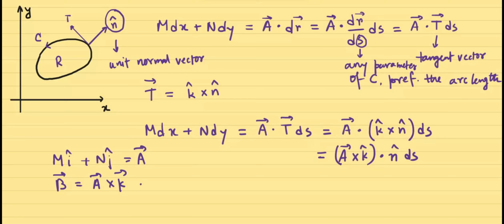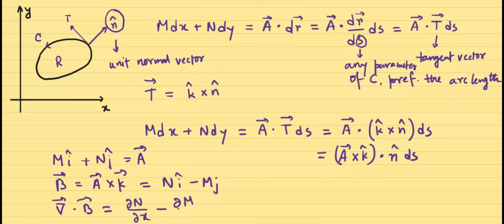As it turns out, this results in n i hat minus m j hat. And if that is the case, we can take the divergence of B, and interestingly enough, we end up with the partial derivative of n with respect to x minus the partial derivative of m with respect to y.